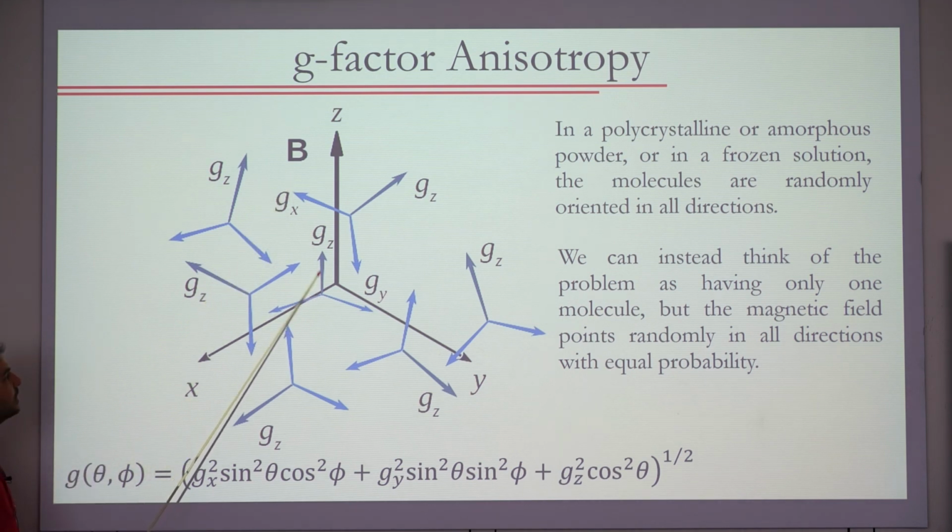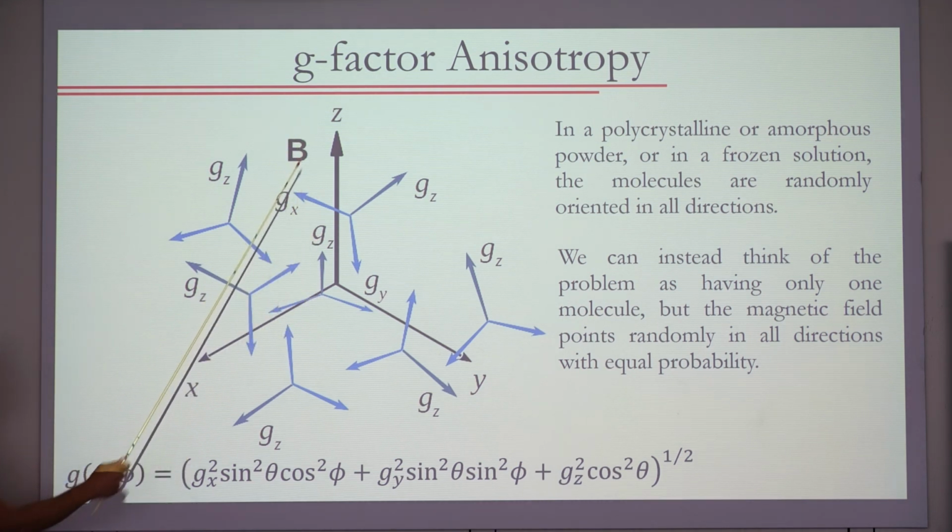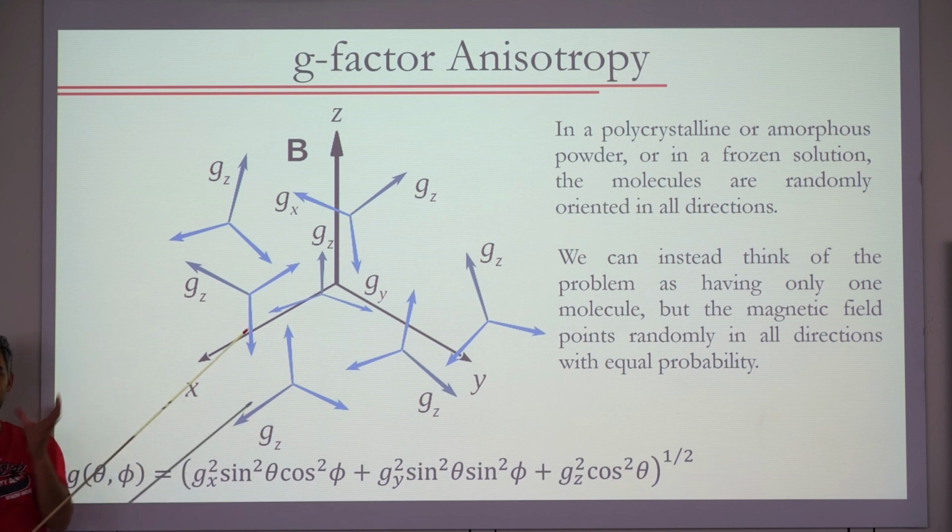The magnetic field is in the z direction, and the molecules are oriented in all directions. We say, okay, we have one molecule oriented in one direction, but our external magnetic field will then be oriented in all directions equally. It's a way of changing the perspective of the problem.